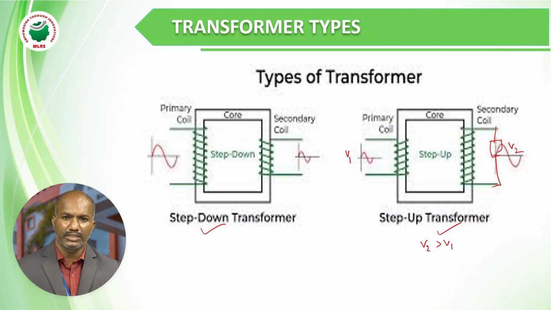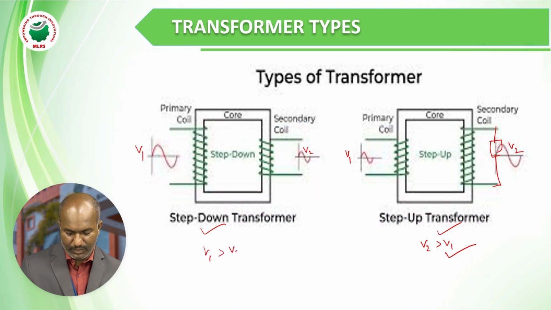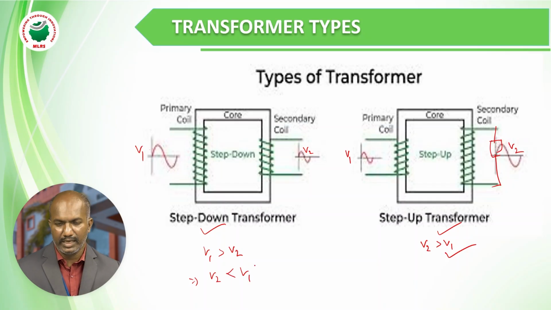Voltage across the load is greater than V1, then that is a step-up transformer. What is a step-down transformer? When the supply voltage V1 is greater than V2, then that is a step-down transformer. In other words, if V2 is less than V1, then that is a step-down transformer.